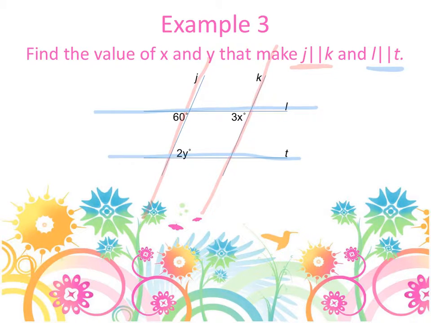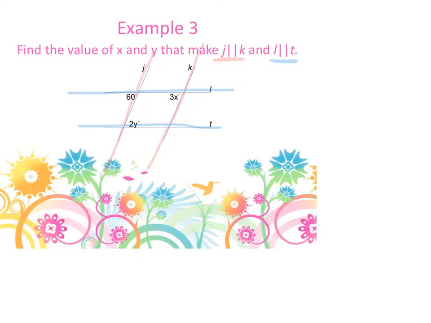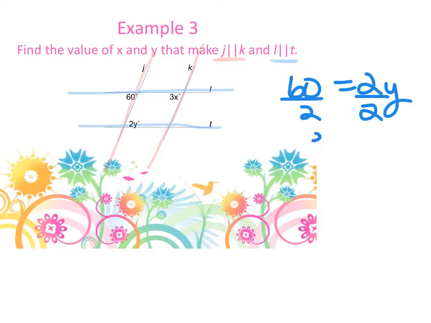Good. 60 and 2y are alternate interior angles. So what do we know about alternate interior angles? They're congruent. Good. So 60 is equal to 2y. And then I divide by 2. And I find out the value of y is 30. Good. So y equals 30.